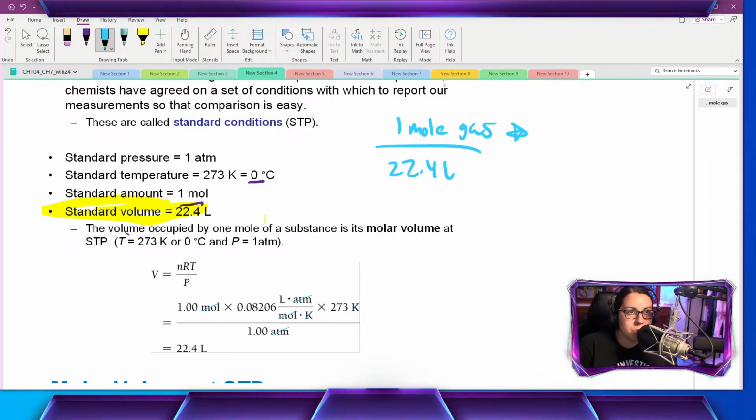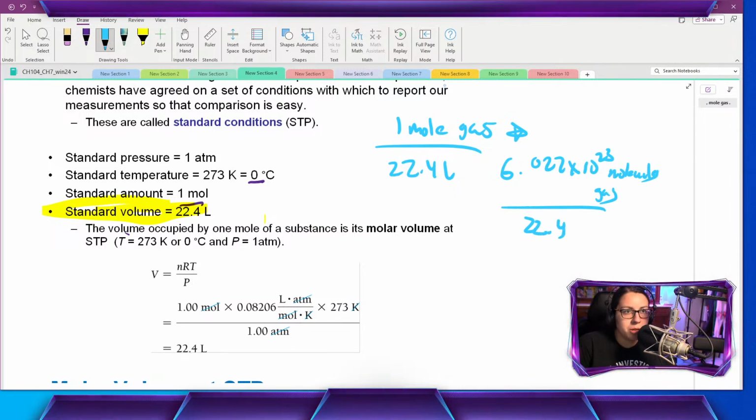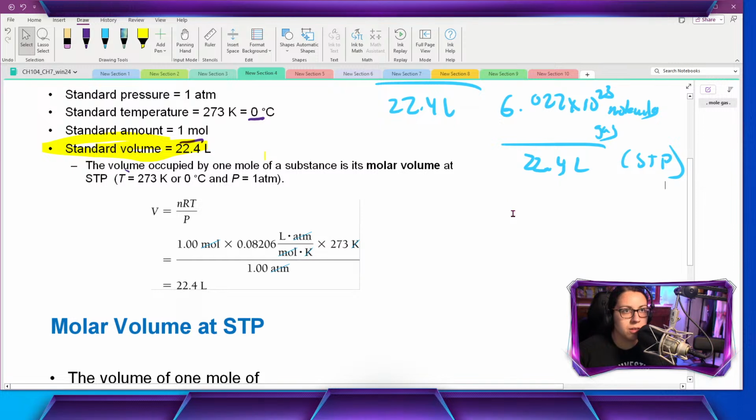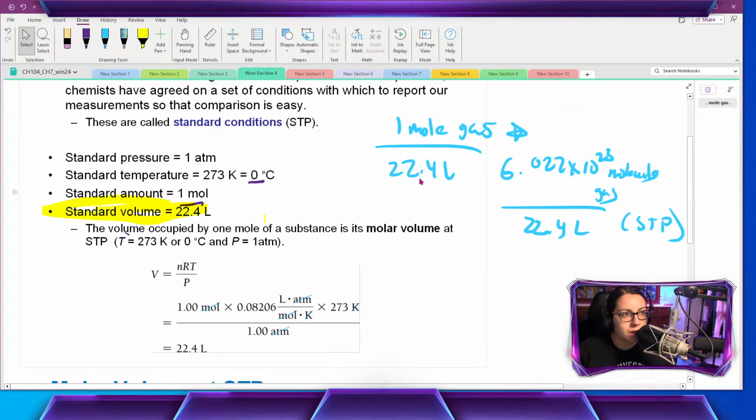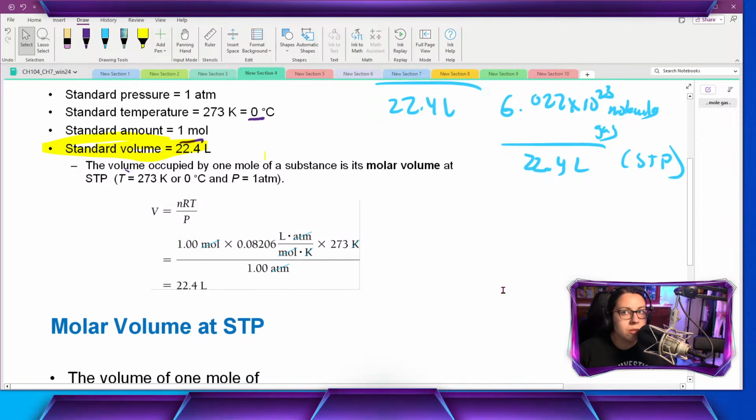This is really important. This is super useful, right? This also tells us 6.022 times 10 to the 23rd molecules of gas are in 22.4 liters, again at STP. So you might see word problems using these relationships and bits of information to try to trick you up.